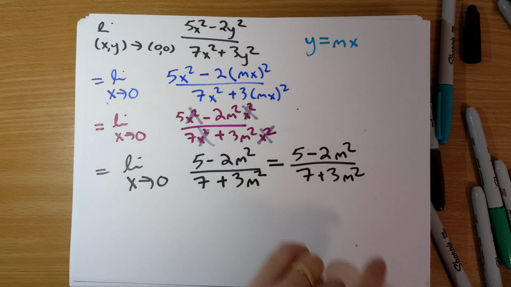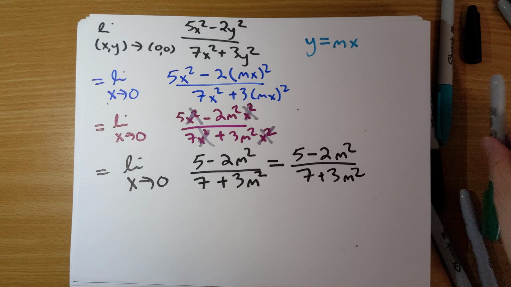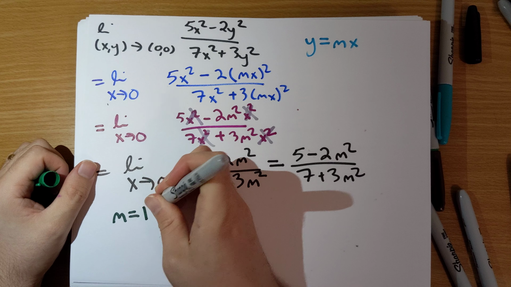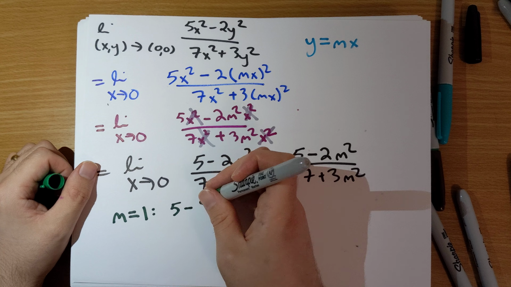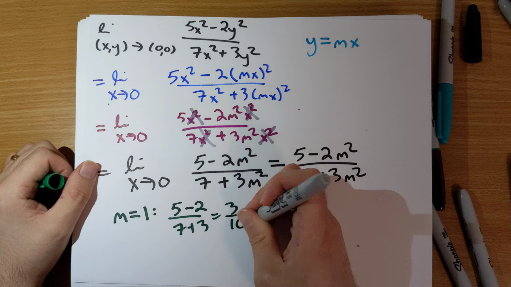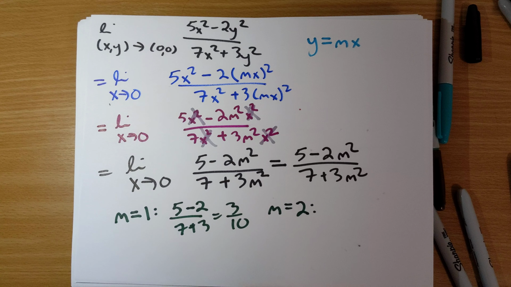So this is what the limit is as a function of m. All we have to do then is just to see that if we plug in, say, m is equal to 1 in here, the limit is 5 minus 2 over 7 plus 3, which is 3/10. And let's just pick a different m value, like m is equal to 2.